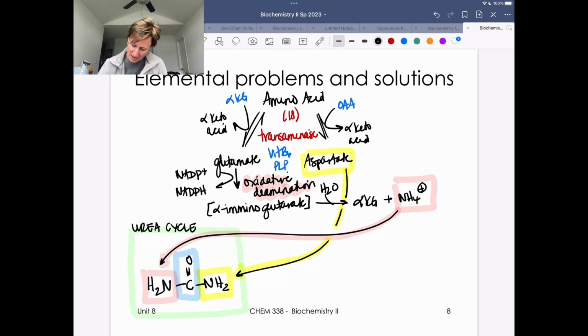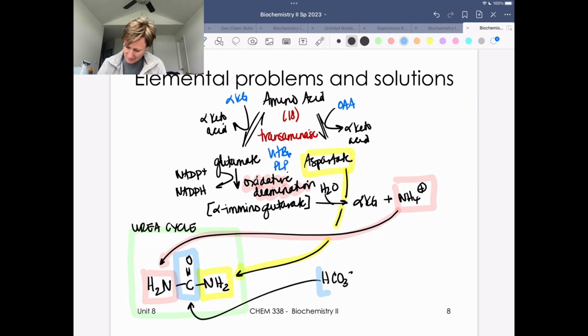And then the last piece to highlight here is a very common single carbon atom source for building things, and that is going to be bicarbonate. So bicarbonate is going to be used to make that central carbonyl carbon. Okay, so all of this happens in the urea cycle. Ultimately, oxidative deamination of glutamate generates ammonium ions that make that one nitrogen atom.